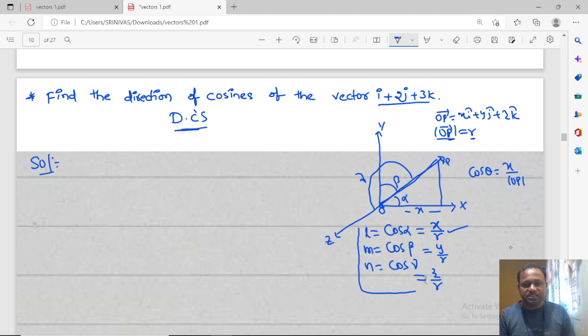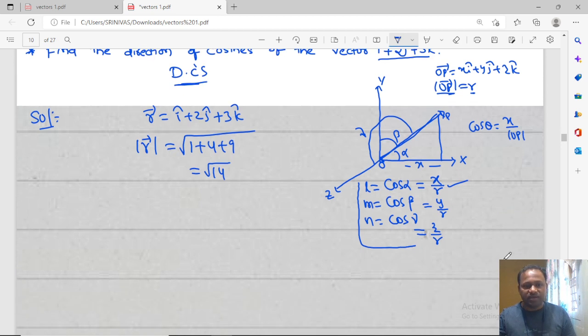find direction cosines. I will take this r bar is equal to i cap plus 2j cap plus 3k cap. Then mod r bar is equal to under root of 1 plus 4 plus 9, that is nothing but root 14. Okay. So now one by one we can say. What are direction cosines? L is equal to cos alpha is equal to x by r.